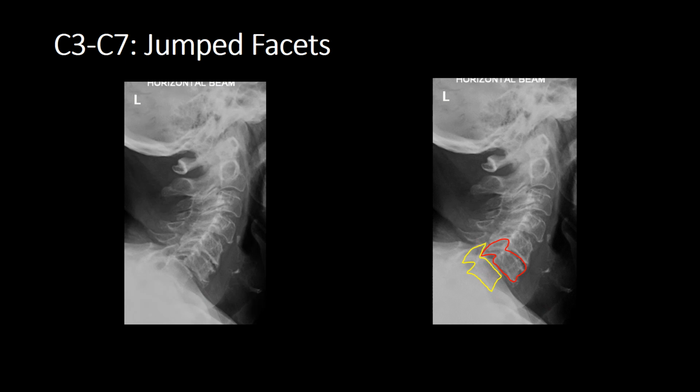If you can imagine your spinal column, your spinal cord runs along this region around here, and now suddenly the facets of the superior vertebra have moved anterior to those facets below, so there is complete occlusion of the spinal cord. This will be associated with significant neurological deficit.